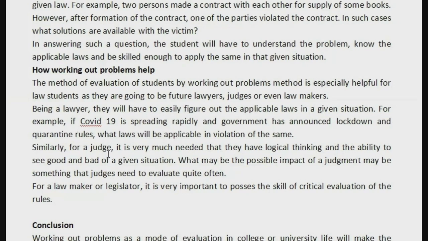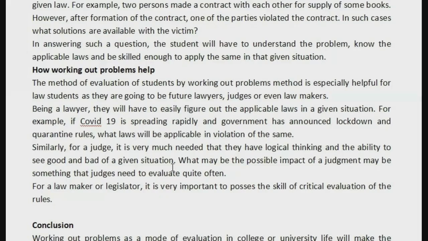Then similarly, for a judge, it is very much needed that they have logical thinking and the ability to see the good and bad of giving a decision. We have seen, right, whatever decisions are given by a judge become binding. It's precedent, right? It becomes binding, subordinate courts should follow.